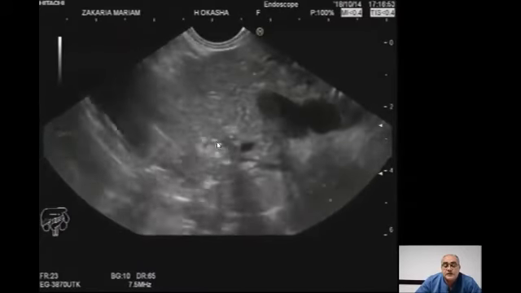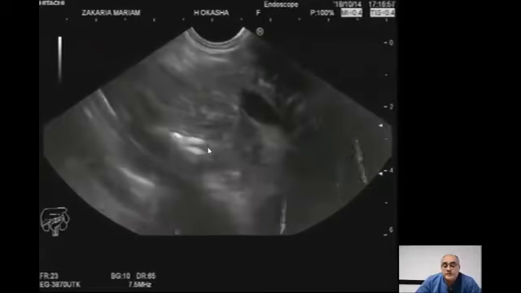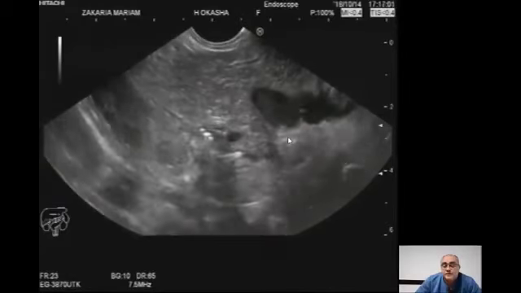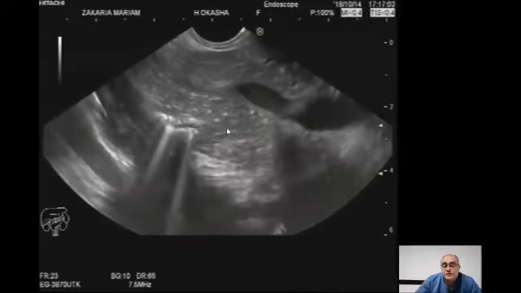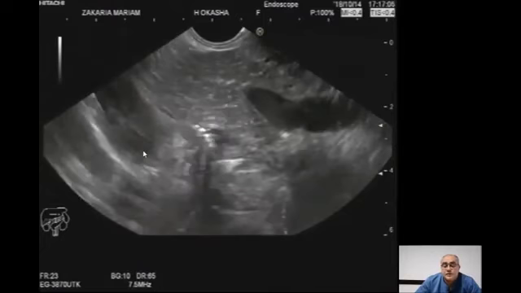Yes, and this is the common bile duct, and this is the papillary mass, and here the common bile duct with a stent inside going up to the porta hepatis. So from the stomach we can see all these structures.